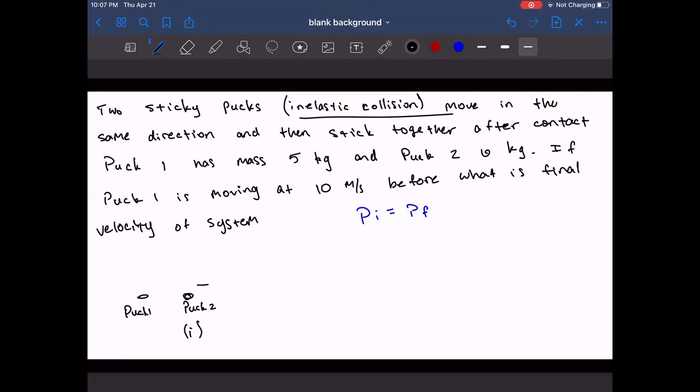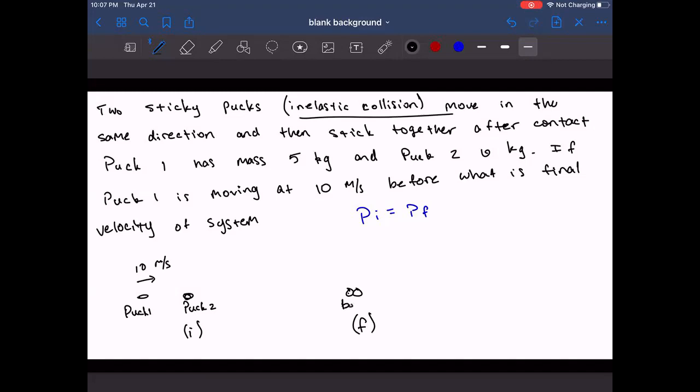There's no velocity here. V equals 0. Sitting on the track, I didn't really make that clear, but this one is initially not moving and this one is moving in the beginning. That's the initial situation. The final one, like we just said, inelastic collision means they stick together. They are one mass.